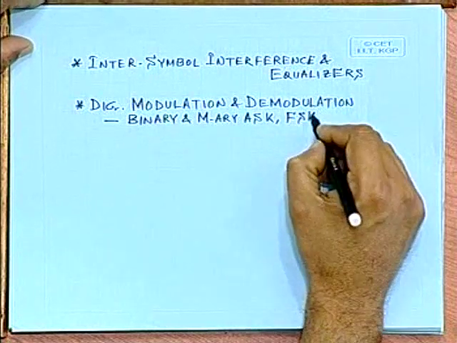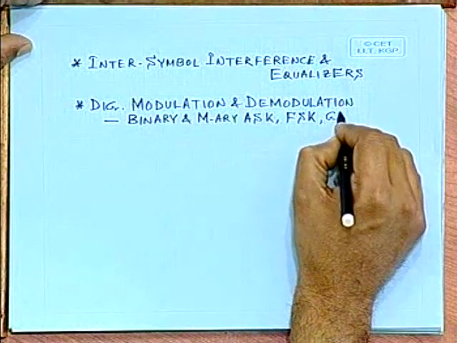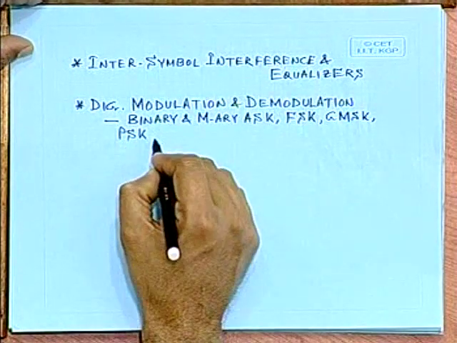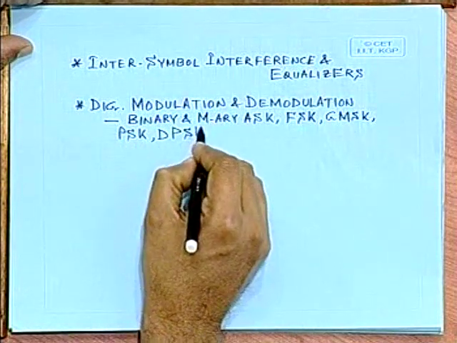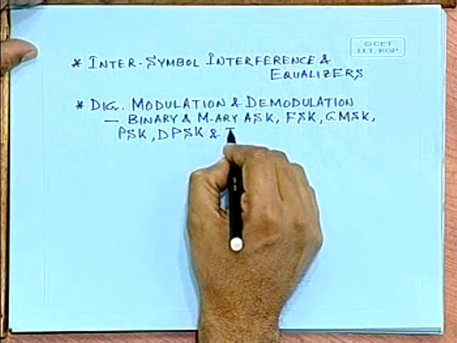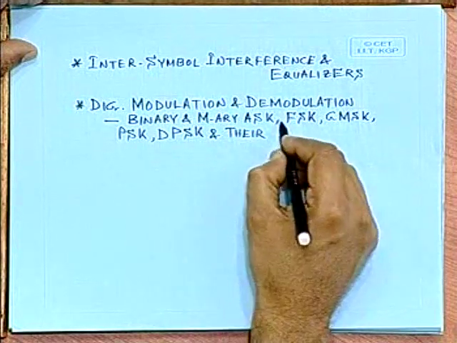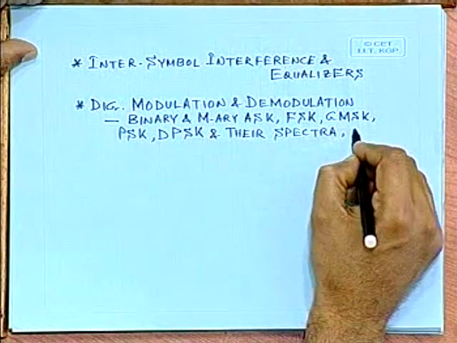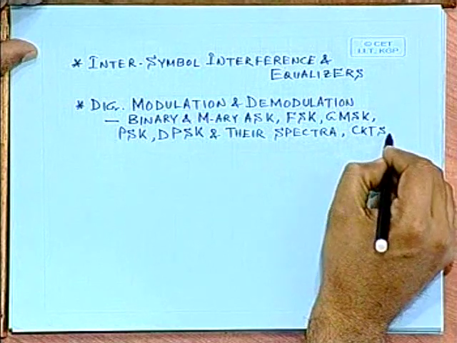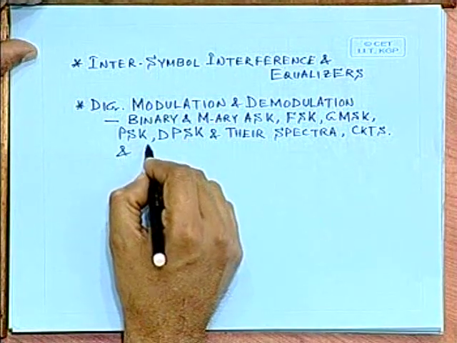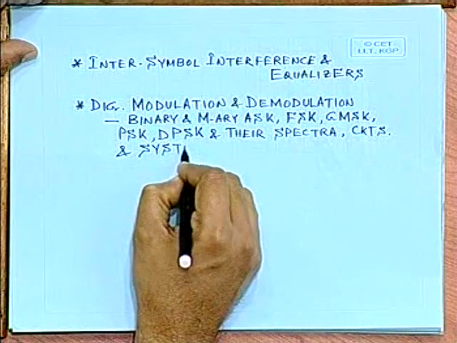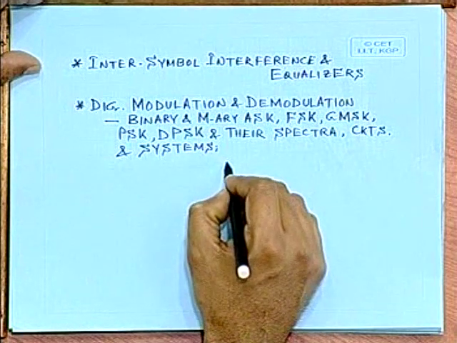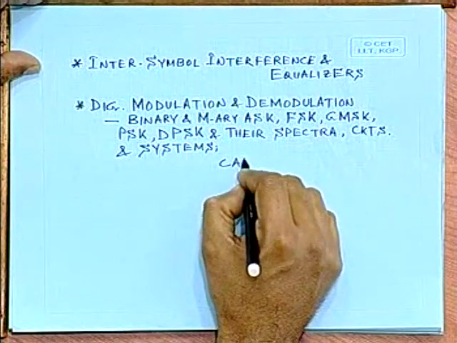The syllabus suggests we cover GMSK, PSK, DPSK and their spectra, circuits, I am writing CKTS, and systems. Carrier recovery is a related issue.